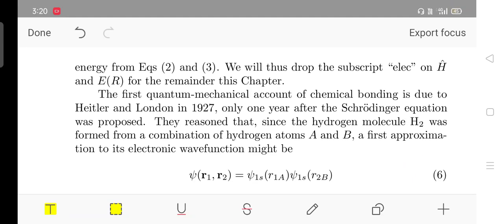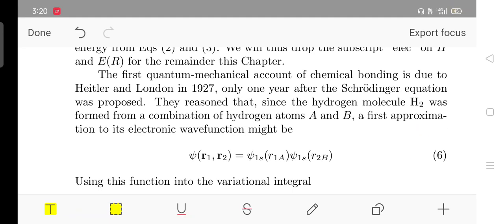So we can write the combined wave function as psi(r1, r2) equals psi 1s (r1A) into psi 1s (r2B). The first quantum mechanical account of chemical bonding is due to Heitler and London in 1927, only one year after the Schrodinger equation was proposed.